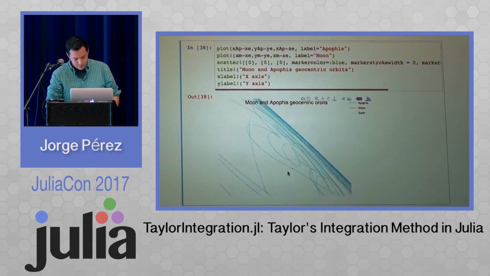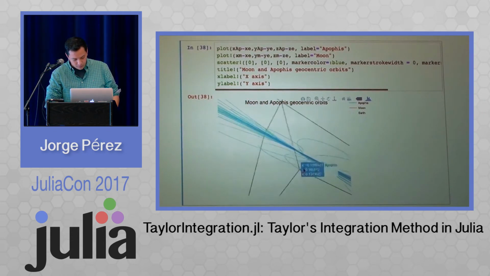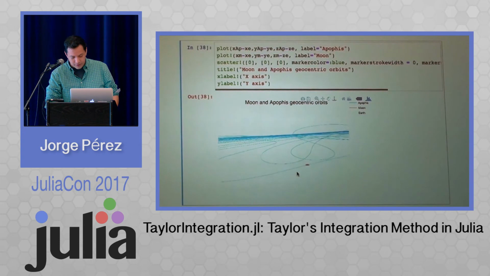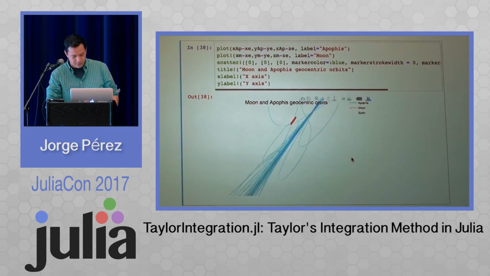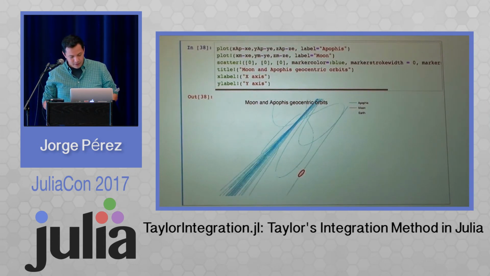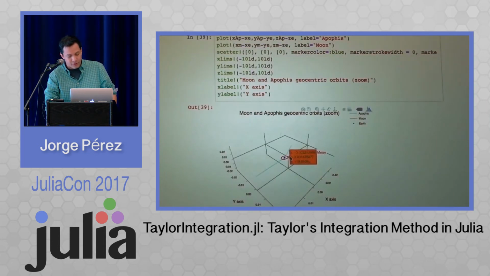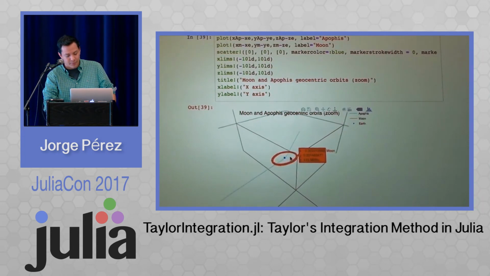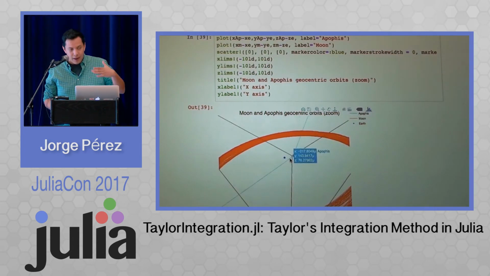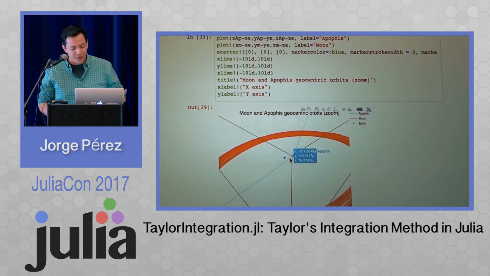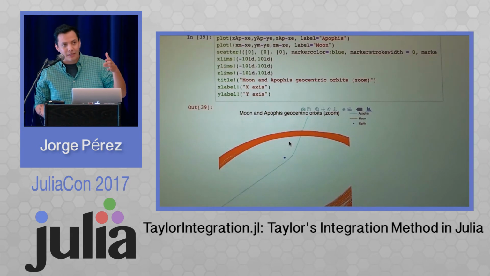So here it is. Okay, so here's a zoom of that last plot. What we can see is a 2029 event. Apophis is gonna be really close to the Earth. It's gonna be several times closer than the moon.